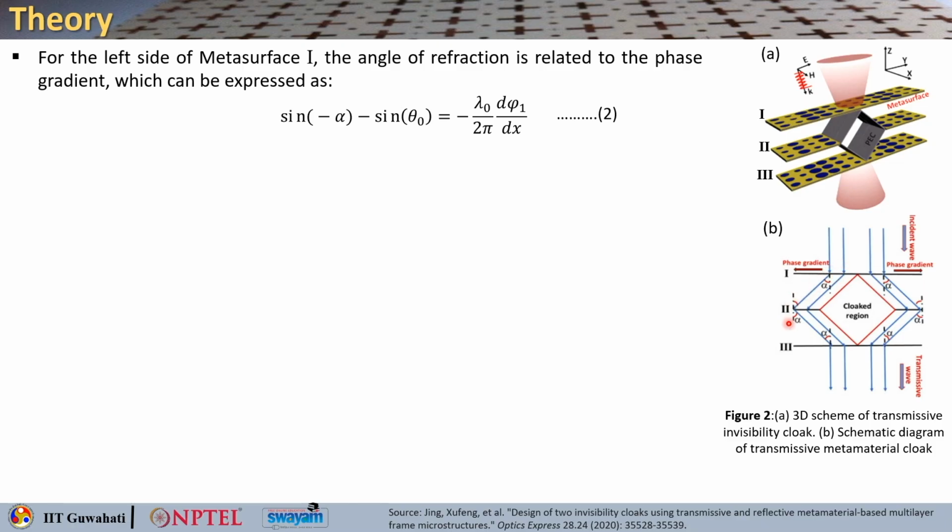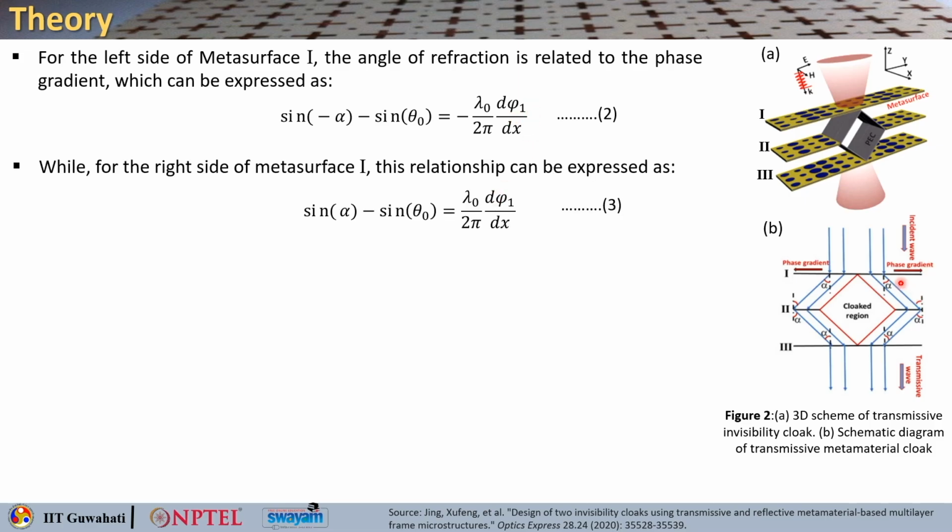The angle of refraction is related to the phase gradient, and you can get it like sin of minus alpha minus sin theta naught, theta naught being the incident angle, equals minus lambda naught by 2 pi dφ1 by dx, and on the right side you have sin alpha minus sin theta naught equals lambda naught by 2 pi dφ1 by dx, or you can also say dφ2 by dx.